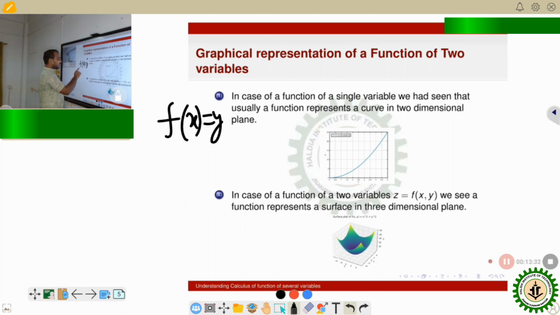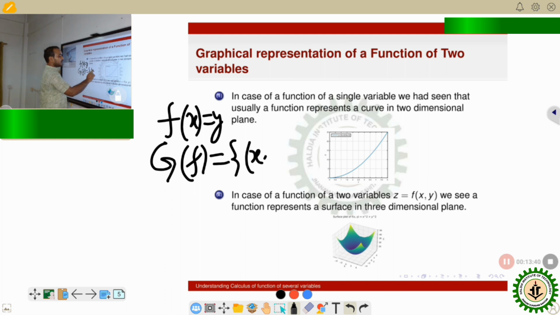For plotting the graph of this function, the graph of f will be basically a pair of elements, that is x and y. So for the graphical representation of this function, you need two variables. That's why a single variable function, if you plot it graphically, will be in the xy plane, and it should look like this.